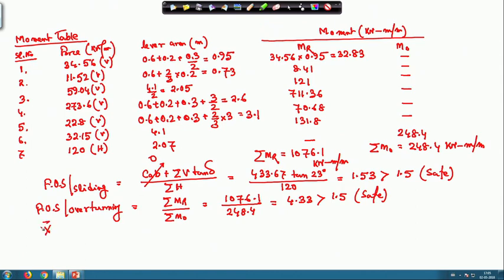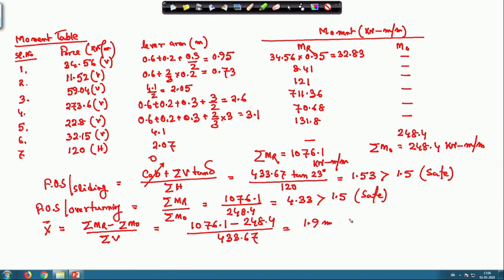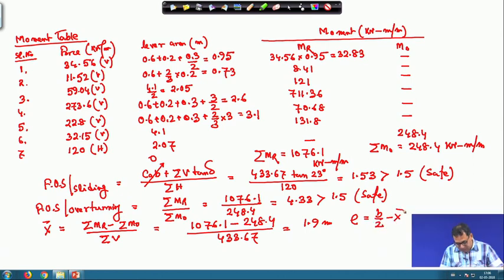Now, we will do the no tension check. X bar is the net moment divided by the summation of all vertical forces. So, the net moment is 1076.1 minus 248.4, divided by all vertical forces, 433.67. Okay, this is 1.9 meter. So, the eccentricity e is B by 2 minus x bar.